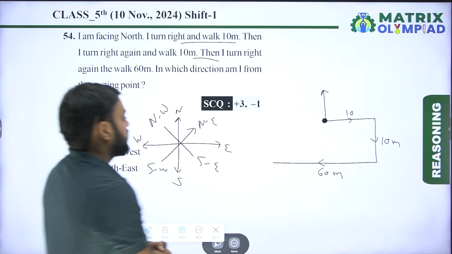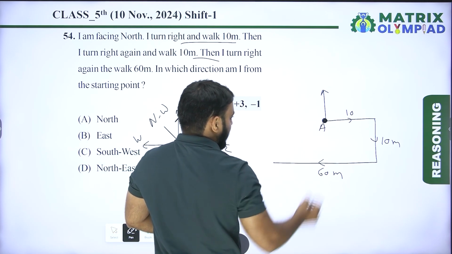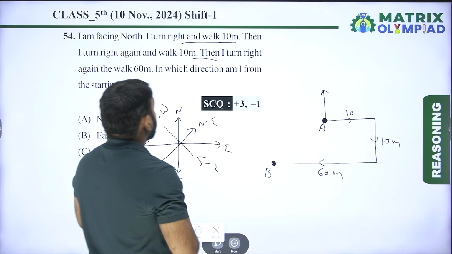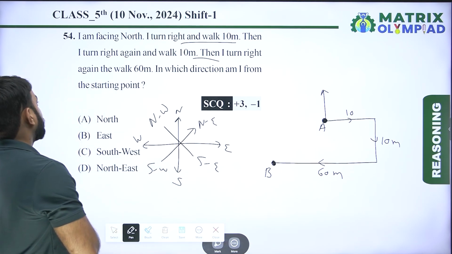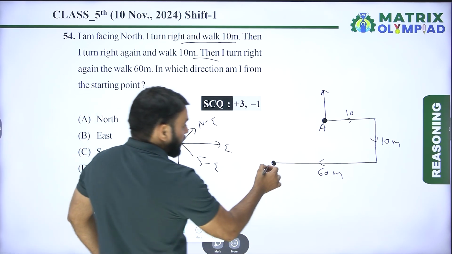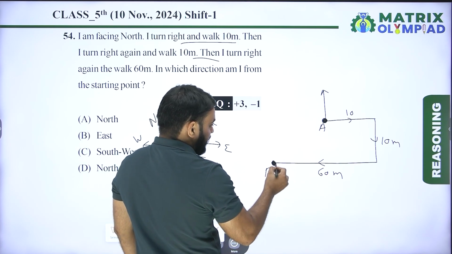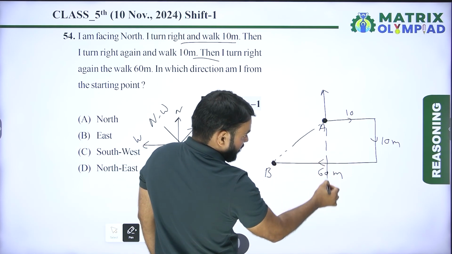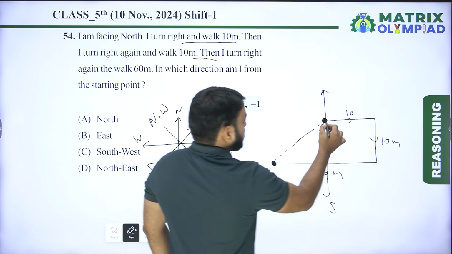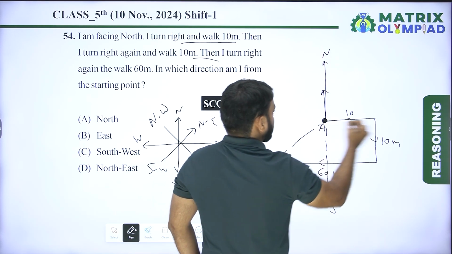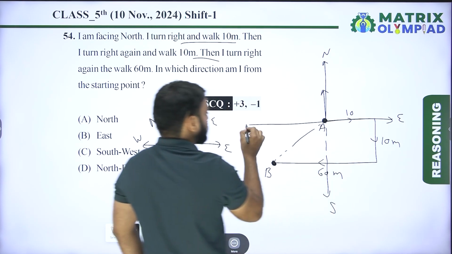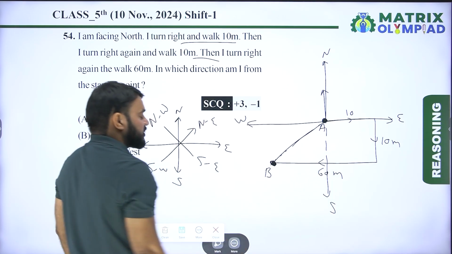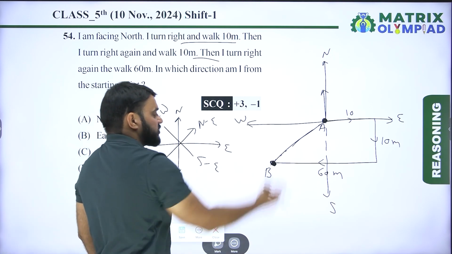Now in which direction? Let's suppose A is the starting point and B is the final point. Now in which direction am I from the starting point? Find the direction of final point with respect to starting point. So this is south of A, this is north of A, this is east of A, this is west of A.